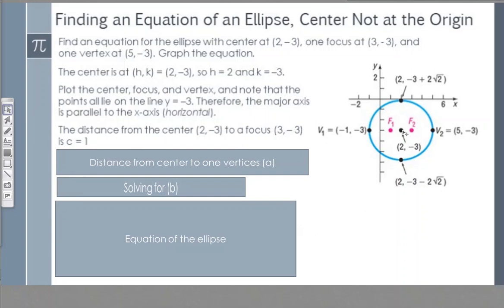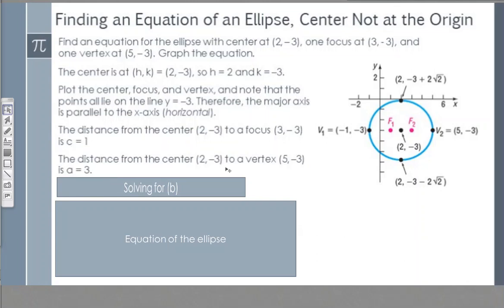This is what I was talking about a while ago: going from the center, 2, -3, to the vertex, 5, -3, and that's 3 spaces. So I'm going to go 3 spaces to the left to plot that second vertex.